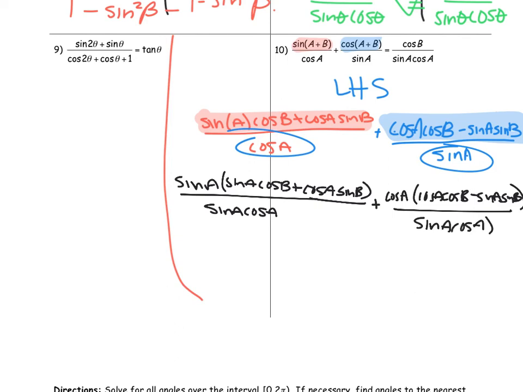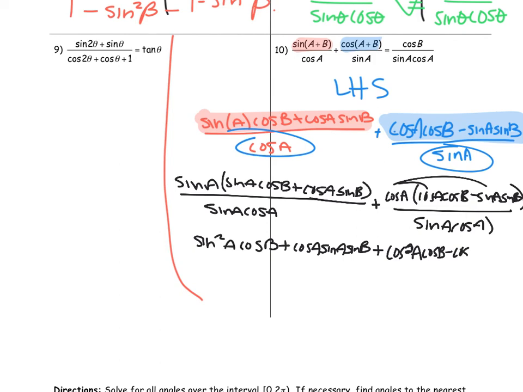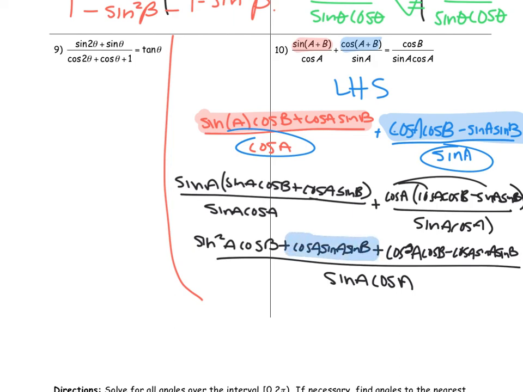So now I'm going to start to combine like terms. I'm going to distribute a little bit. We'll end up having on the top sine squared A cos B plus cos A sine B plus, distributing here, cosine squared A cos B minus cos A sine B, and this is all being divided by sine A cos A. Now, if you notice, terms that can cancel out are plus cosine A sine B minus cosine A sine B. Those go away.